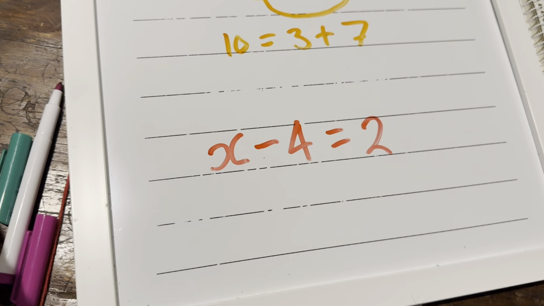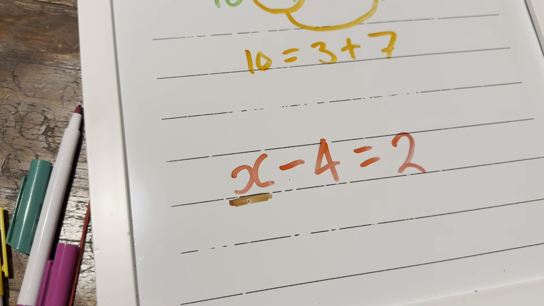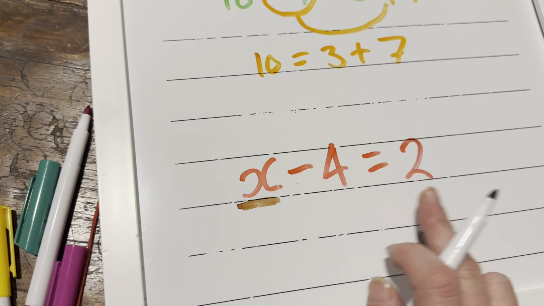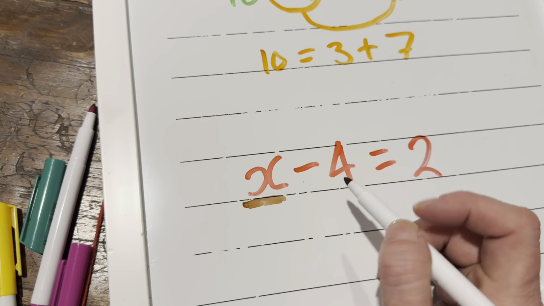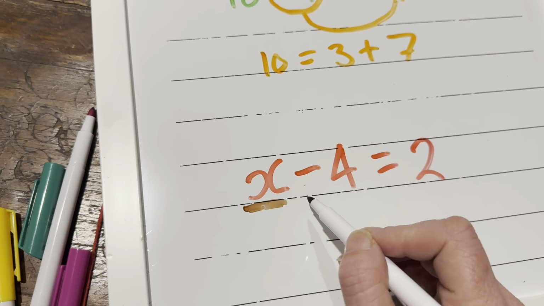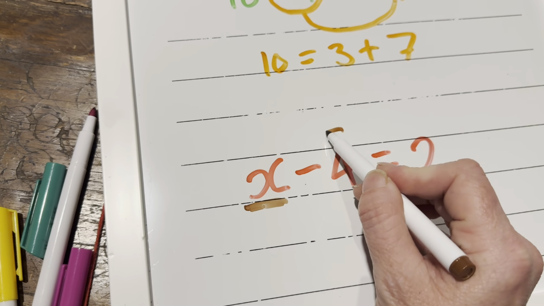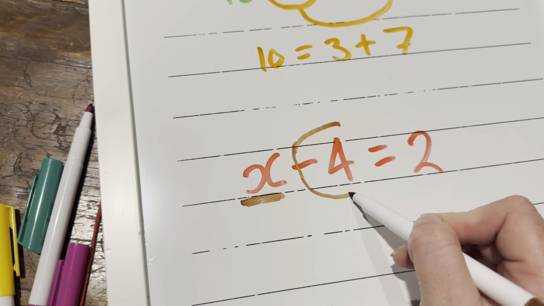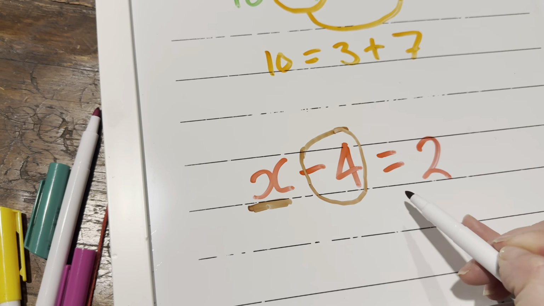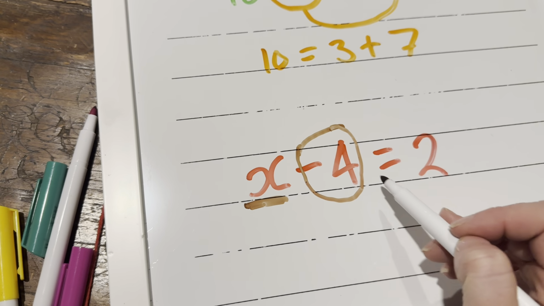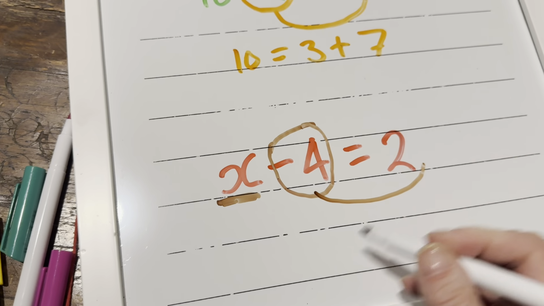Now you remember, if we're solving for x, we need to get x on its own. So at the moment, 2 is on its own and these two are together. We need to move the 4 with its minus to the other side of the equation. Because we're moving across into the opposite, it becomes a positive.